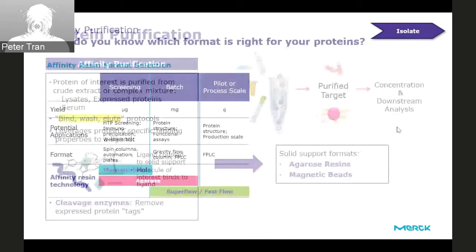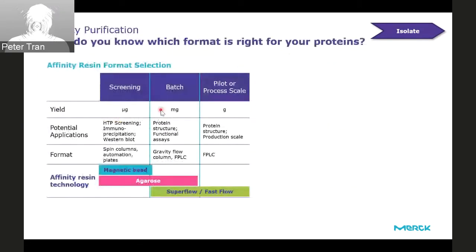Okay, so how do you choose whether to use magnetic beads or agarose beads? It depends on the yield that you want to produce. For screening purposes, microgram protein, you probably want to use magnetic beads. With batch, milligram, you can use agarose. For large-scale process purification, you want to use agarose, fast flow or super flow, which are also agarose resin.